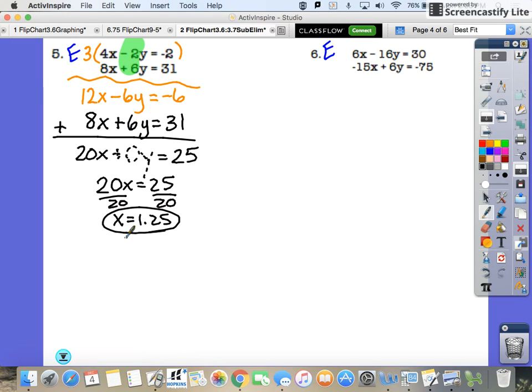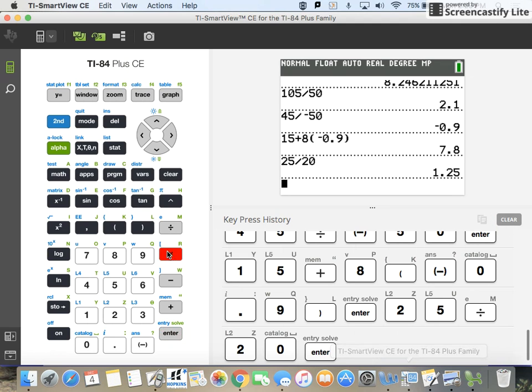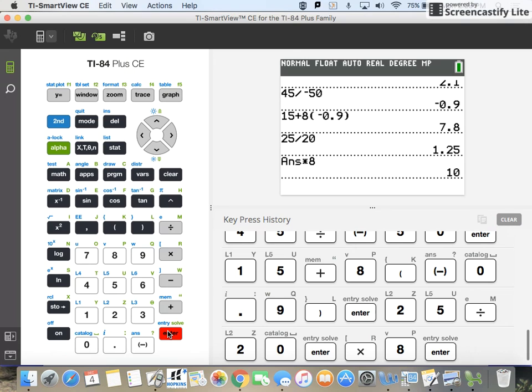Okay, now we take this and we put it into one of the original equations. I'll just put it in here. I don't know why. So we're going to get 8 times x is 1 1/4 plus 6y equals 31. 8 times 1.25 is 10.